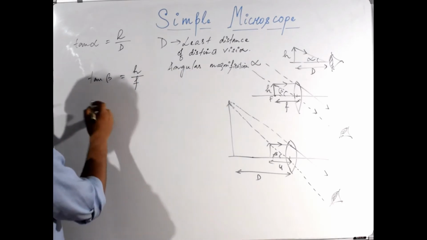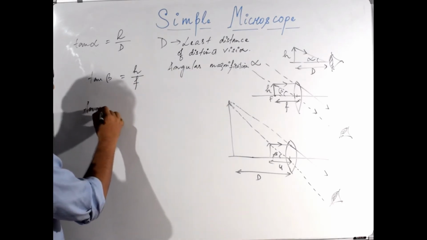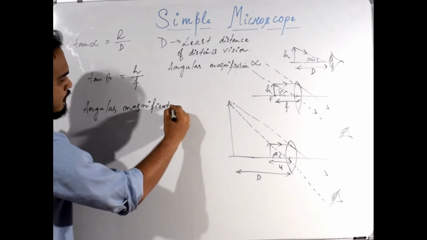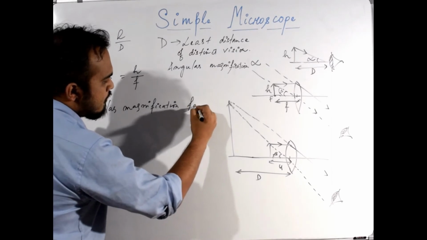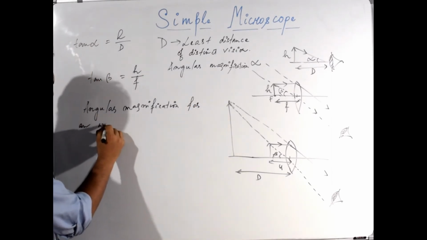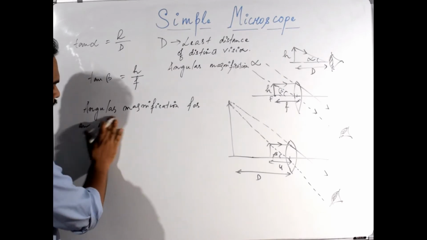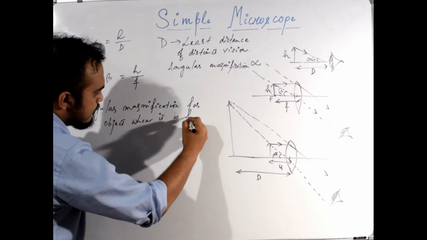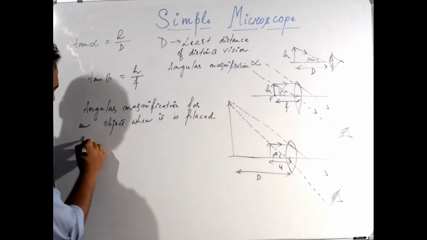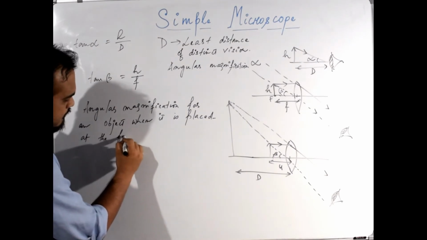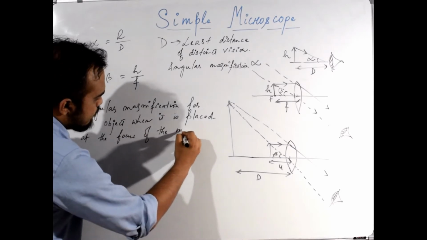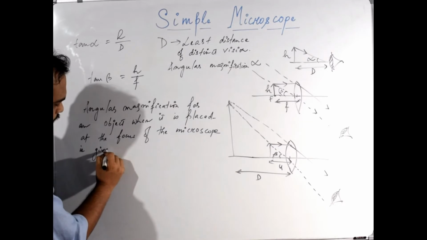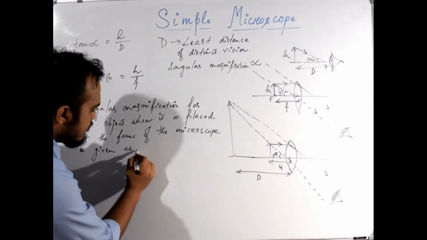So the angular magnification for an object when it is placed at the focus of the microscope is given as follows.